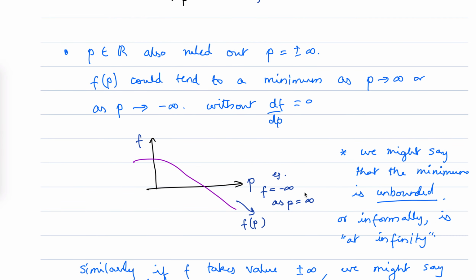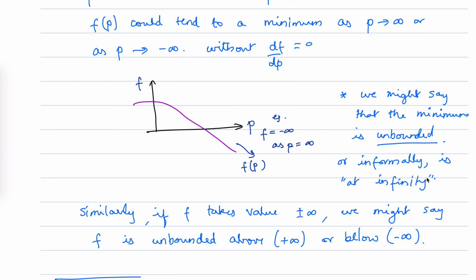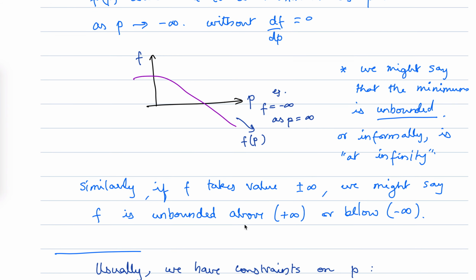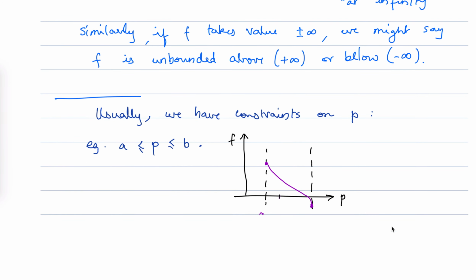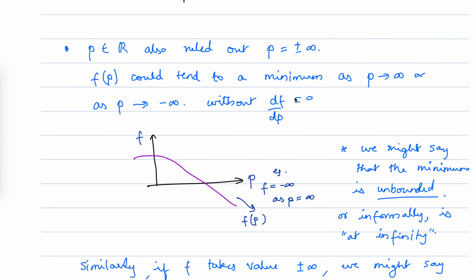In such cases, if p goes to infinity or minus infinity, we might say the minimum is unbounded, or informally we might say the optimum is at infinity. If f, the function value itself, takes values plus or minus infinity, we might say the function is unbounded above or below, depending on whether it goes to infinity or minus infinity. Okay. So that's about infinities. We don't have to satisfy this condition.